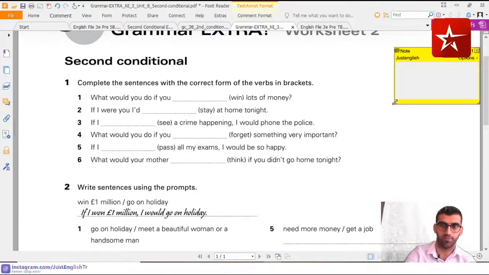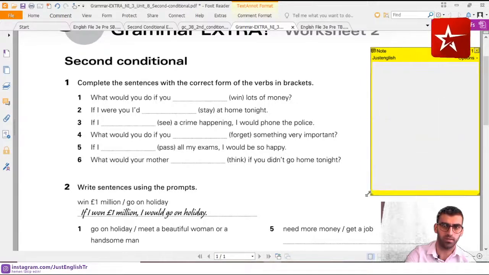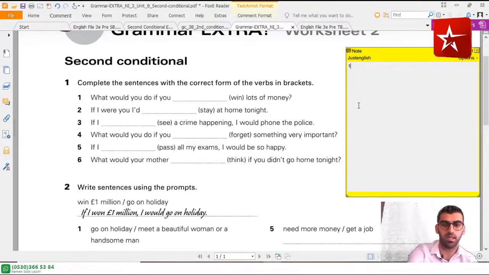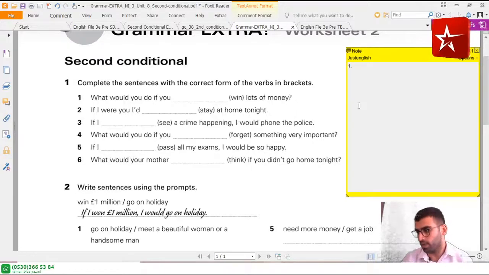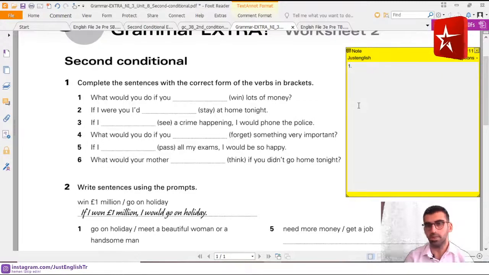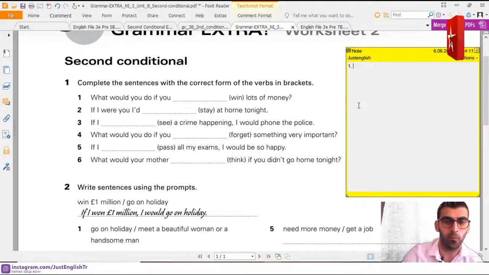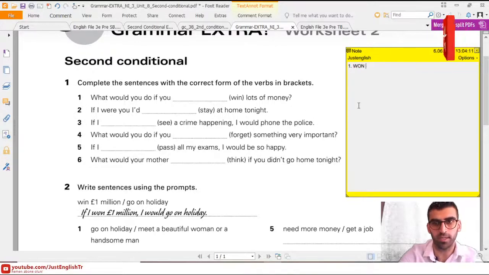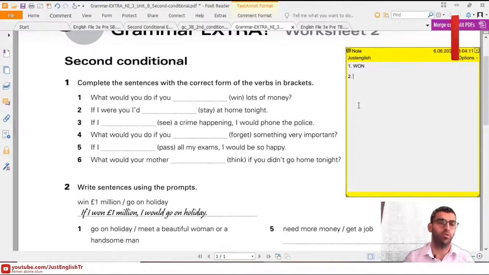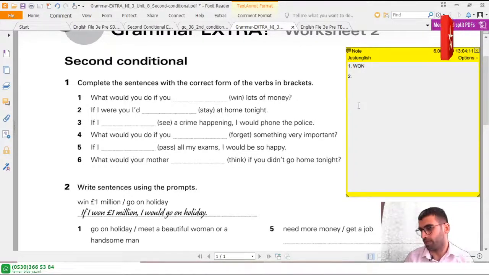Okay, I'm writing my notes here in order to show you the correct answers. Let's start from number 1. What should we write here? For number 1, what would you do? Okay, and we will write the answers to the questions. What would you do if you won lots of money? I want to ask you guys, what would you do if you won lots of money?